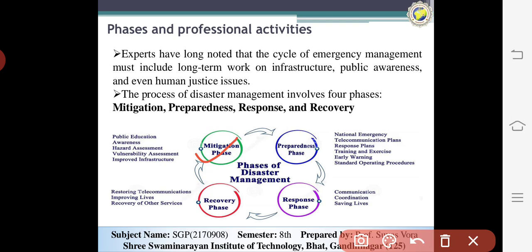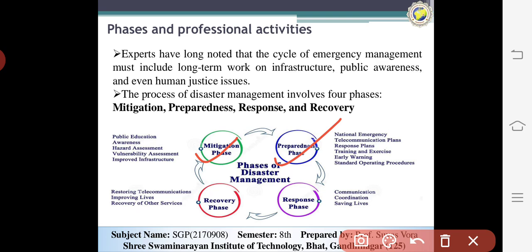In this phase, we consider public education, awareness, hazard assessment, vulnerability assessment, and improvement of infrastructure. Then we can discuss the preparedness phase.